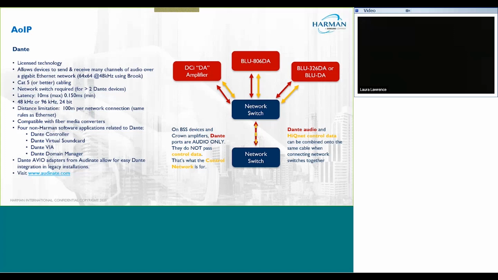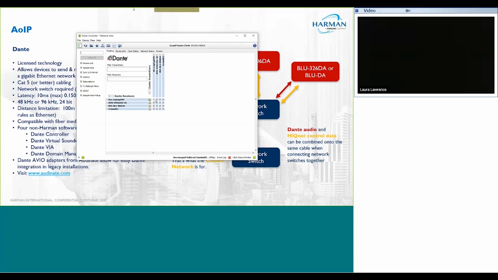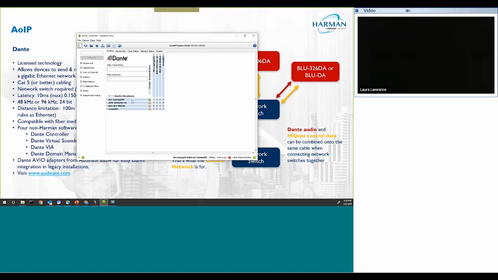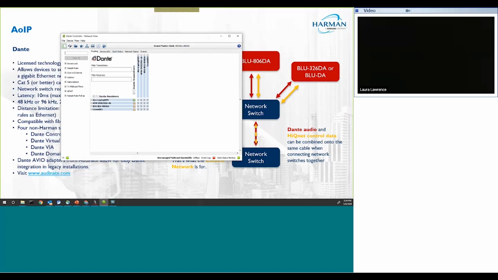But that doesn't mean that I can't still route 512 channels by 512 channels over here in Dante Controller. It's just 64 channels per piece of Harman hardware. So if I've got 10 BLU 806s, well, that would give me 640 channels that I can route. So this is a really powerful router.